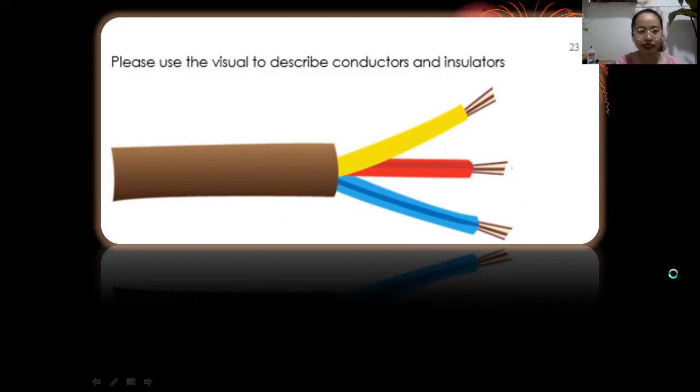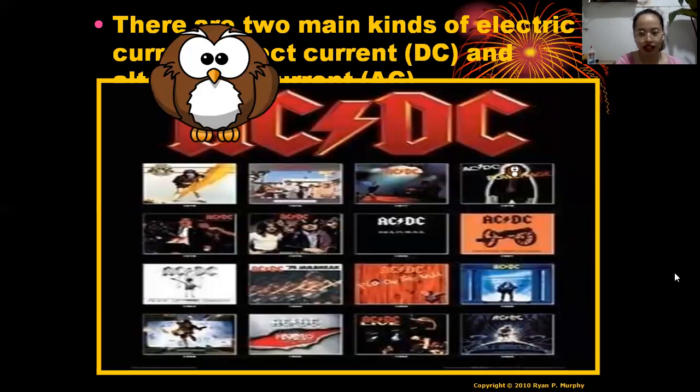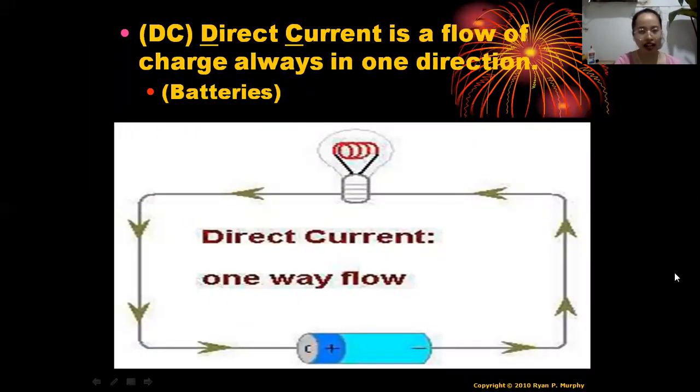Very good. And there are two kinds of electric current: the direct current, or what we call DC, and the alternating current, or what we call AC. What is the difference between the two? When we say direct current, it is a flow of charge always in one direction.